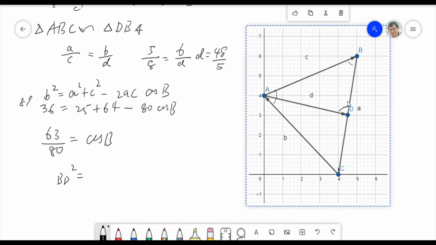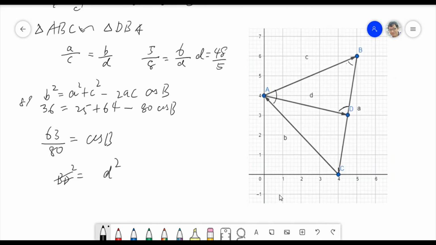Sorry, I should not be writing BD square, I should be writing D square. This is right. So D square equals BD square plus C square, plus 2 times C times BD times cosine B.